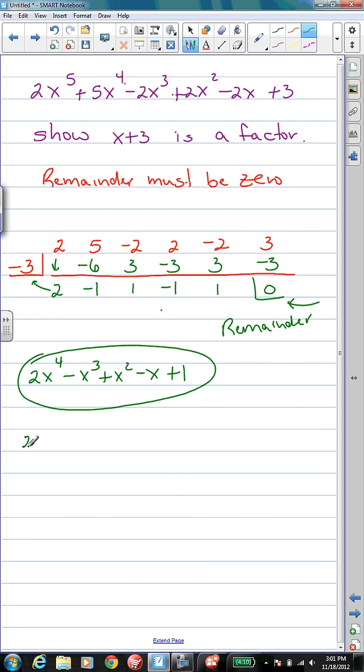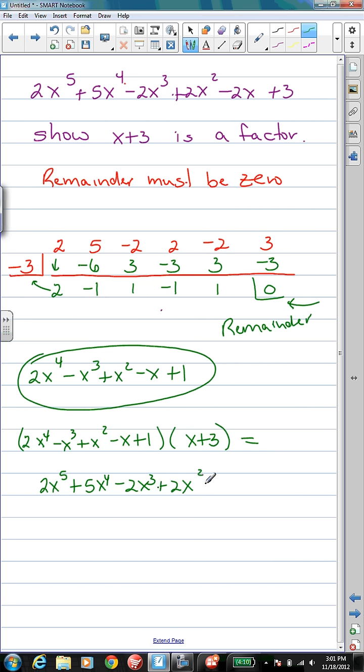So if I take 2x to the 4th minus x cubed plus x squared minus x plus 1, and I multiply this by x plus 3, I should get 2x to the 5th plus 5x to the 4th minus 2x cubed plus 2x squared minus 2x plus 3. Now we're not going to go through that process, but that is the theory behind it.